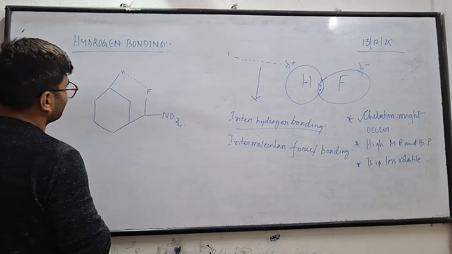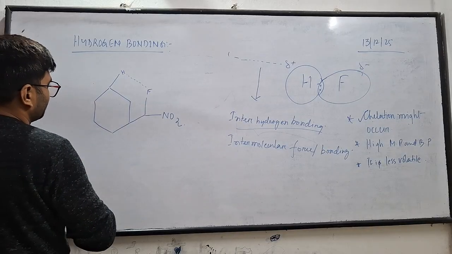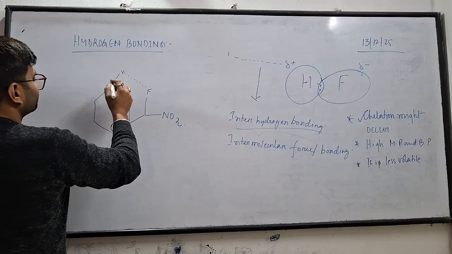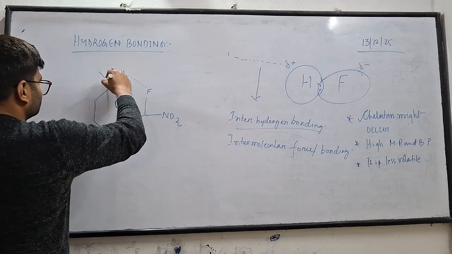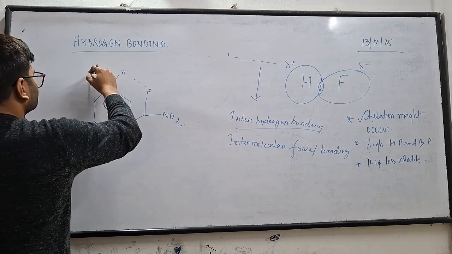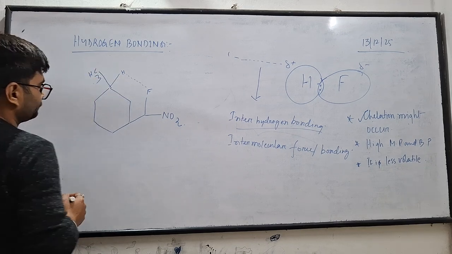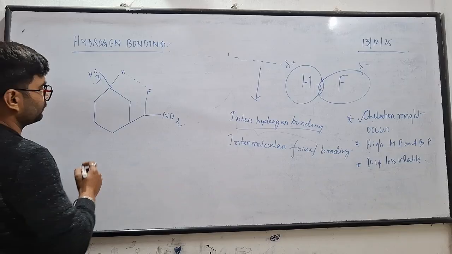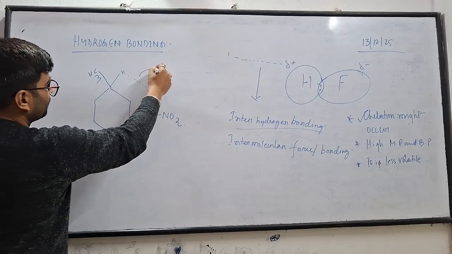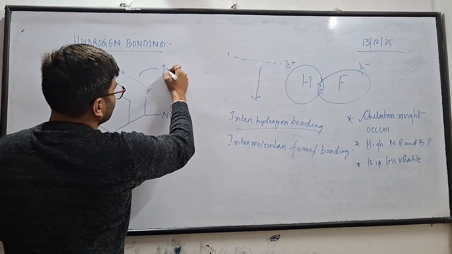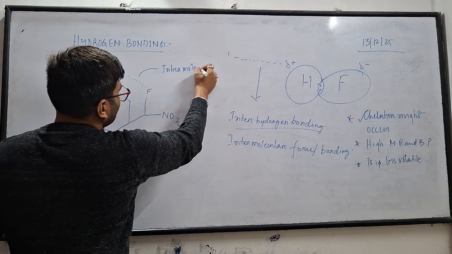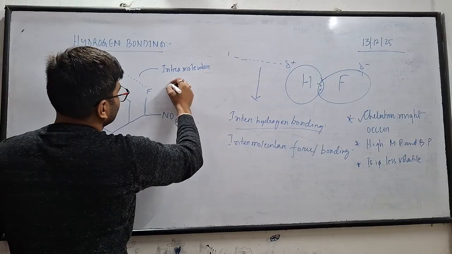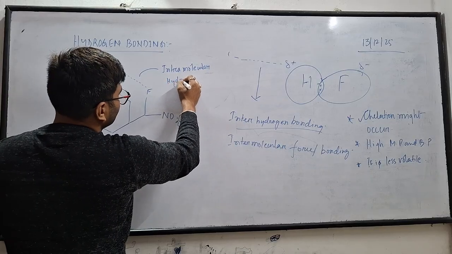If there is a bond like this somewhere here, in this kind of molecule, this bonding is known as intramolecular hydrogen bonding.